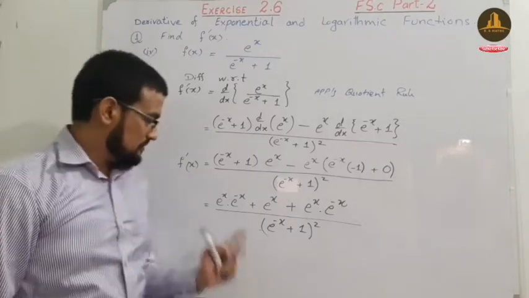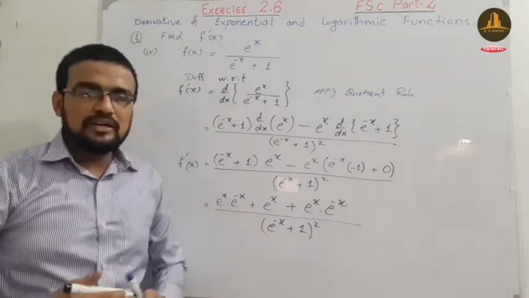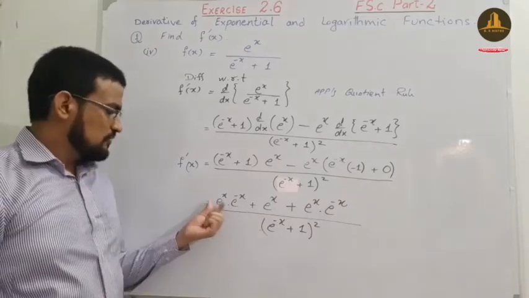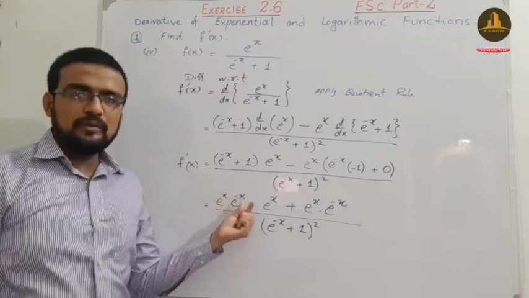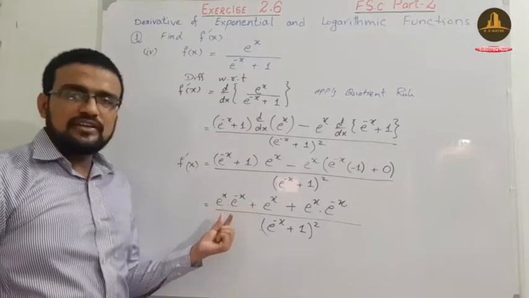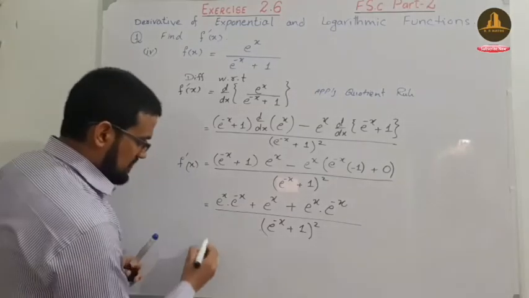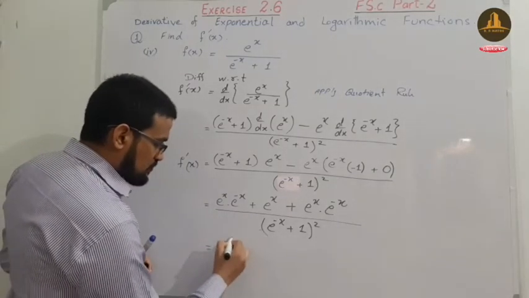So you know, when two numbers with the same base are multiplied, the powers are added. So e raised to power x multiplied by e raised to power minus x means e raised to power x minus x, and the final result is e raised to power 0.